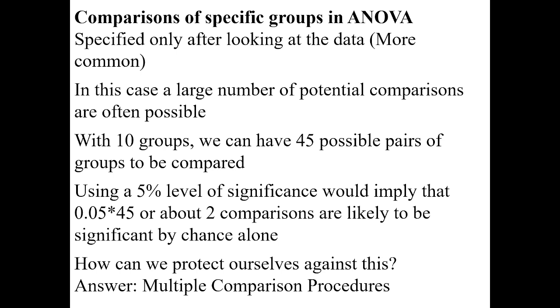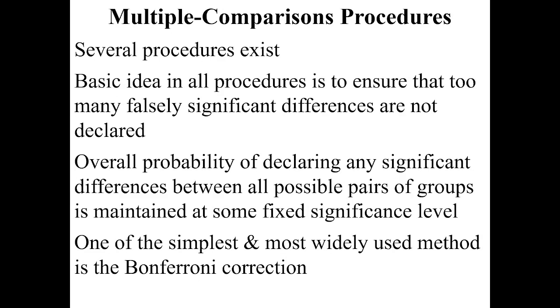So, to overcome this limitation, or to protect ourselves against this, we have a procedure called multiple comparison procedures. There are different procedures, at least four or five methods, for multiple comparison.